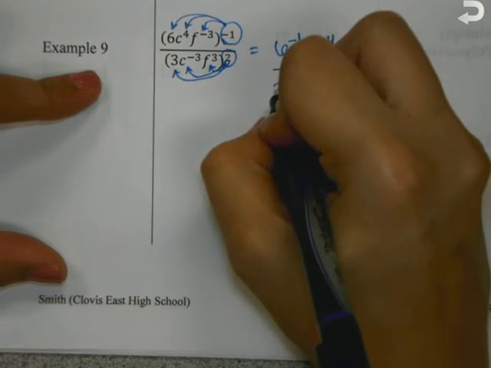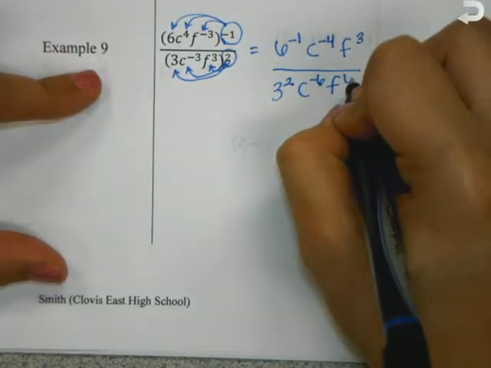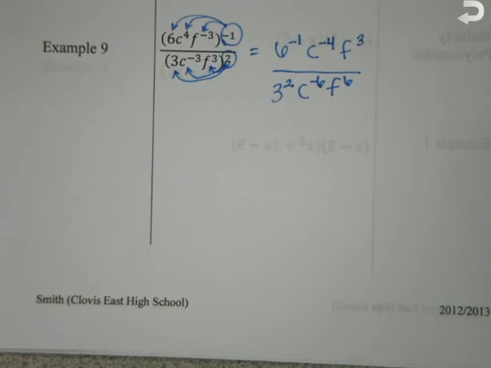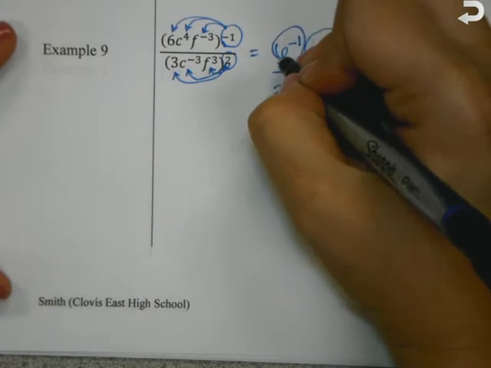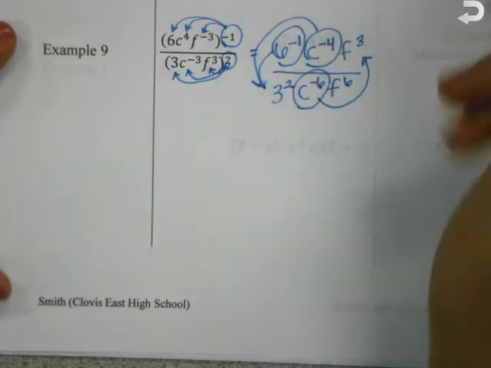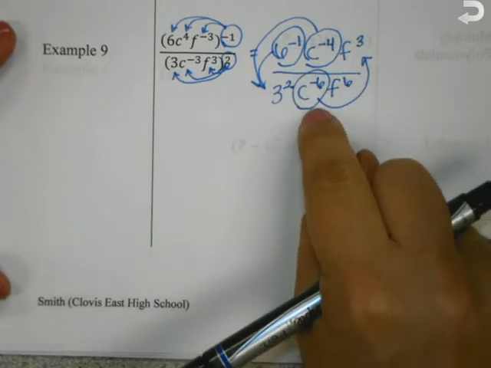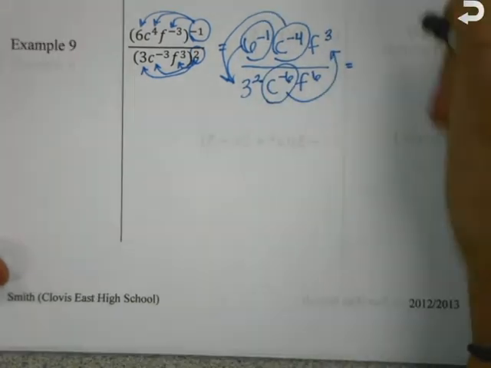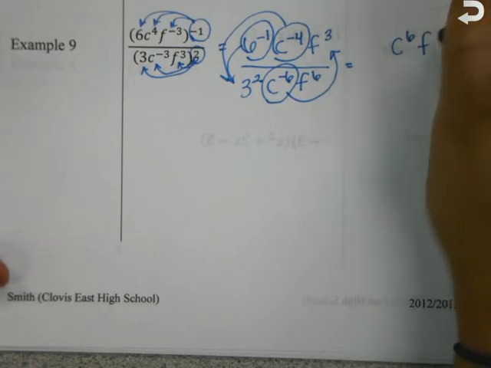Take everything with a negative exponent and move it either up or down. So that 6 to the negative 1, c to the negative 4, and c to the negative 6 get moved. So it becomes c to the 6th, f to the 3rd, over 3 squared times 6 to the 1st, c to the 4th, f to the 6th.